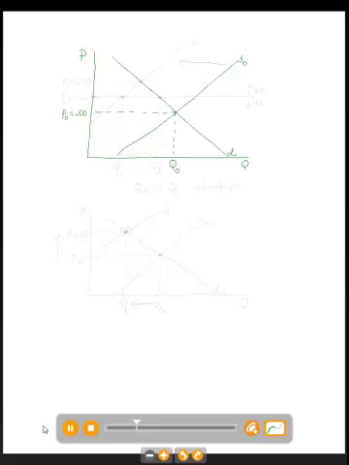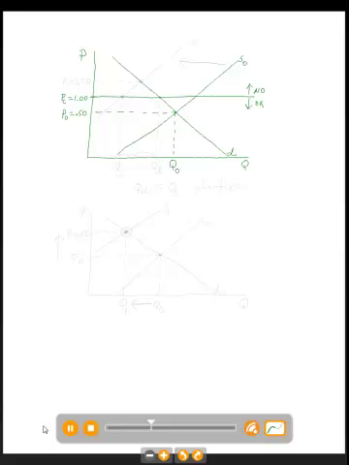Now what ended up happening was when the government installed the price ceiling for gasoline, and let's just put that right here, that is PC, and let's just install the price ceiling at $1. Now I'm going to draw a solid line all the way across this graph, because this price ceiling denotes that any price below $1 is okay, but any price over $1 is simply not allowed in the market.